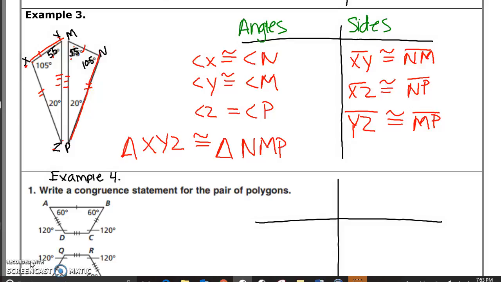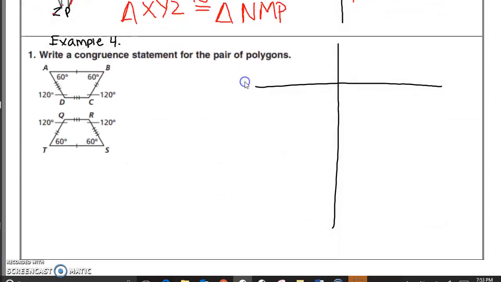Okay, now we're going to take it up a notch. In example 4, we're going to be looking at trapezoids, so a different kind of polygon. So again, we're still going to talk about the angles and the sides. So looking here, we've got trapezoid ABCD. So I'm going to start with angle A is 60 degrees, and corresponding there would be angle T. So congruent to angle T, which is 90 degrees.